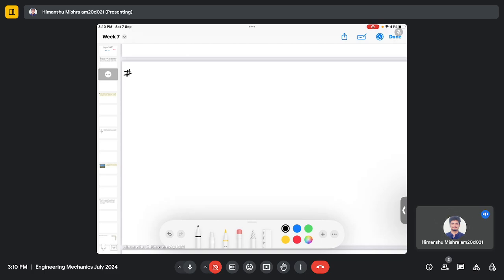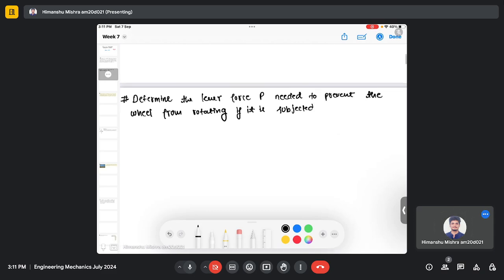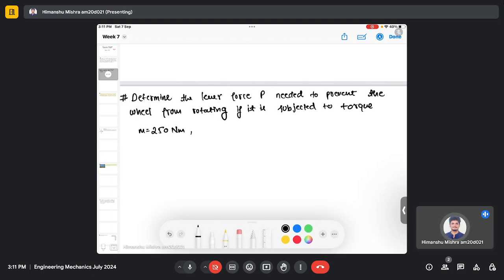Sample problem: determine the lever force P needed to prevent the wheel from rotating if it is subject to a torque M equals 250 Newton meter, and the coefficient of static friction between the belt and the wheel is mu s, which is 0.3.